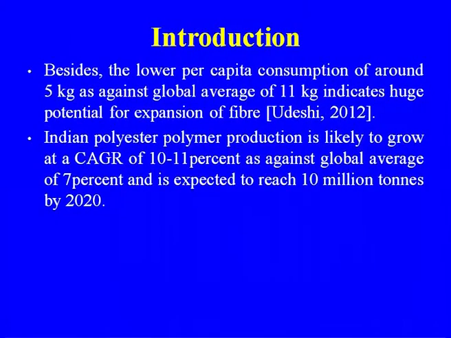We also have an export market for polyester, and especially Reliance is supplying polyester to other countries also. Indian polyester polymer production is likely to grow at 10 to 11% as against the global average of 10%, and is expected to reach 10 million tons by 2020.